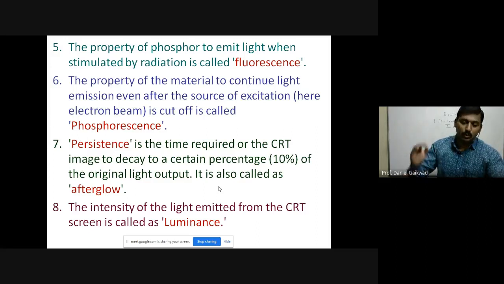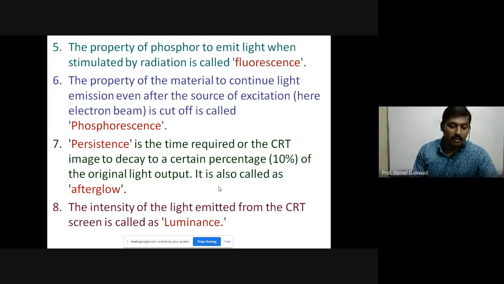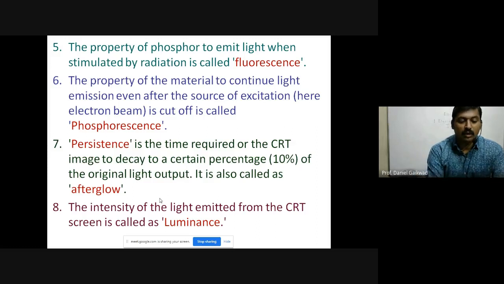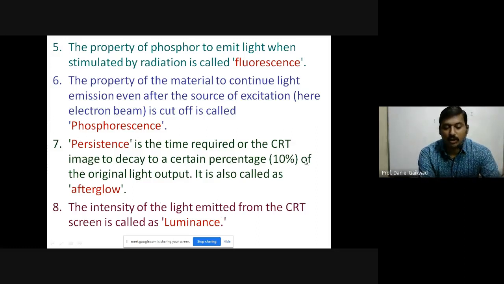Suppose 100% to 10% means a 90% reduction in the intensity of the light produced by that particular CRT, and that will be named the afterglow. So this will be the persistence.